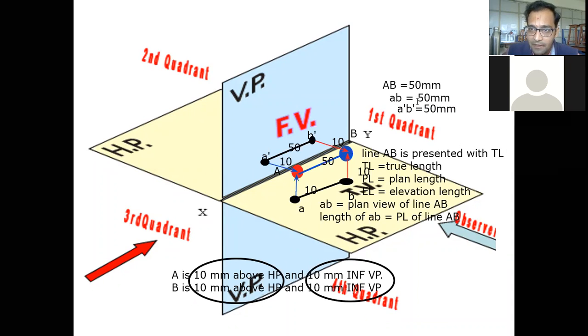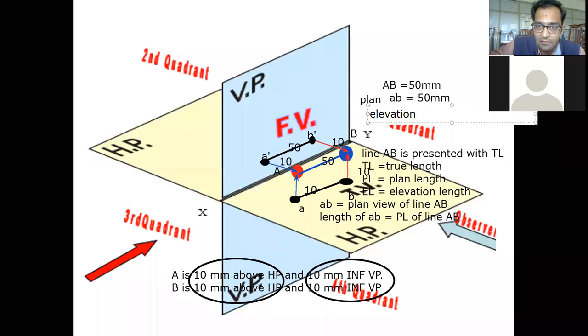So here the plan, which is called ab, and elevation, which is called a dash b dash, are having same length which the line contains.